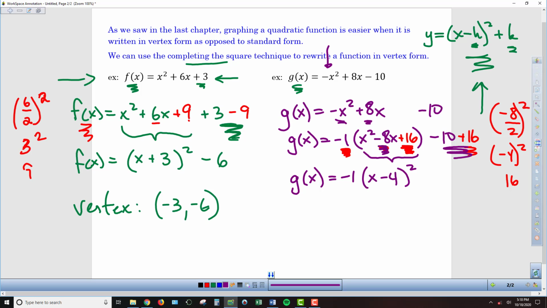And then over here, I'm going to gather up the negative 10 and the 16 to make plus 6. So this negative 1 just means that my parabola is going to be opening upside down, but that doesn't affect the location of the vertex. My vertex on this one is going to be, again, opposite of the positive and negative sign that we see there. So it's going to be positive 4 and then positive 6.